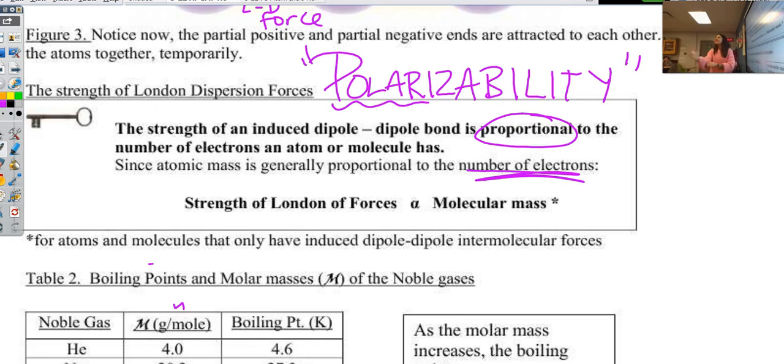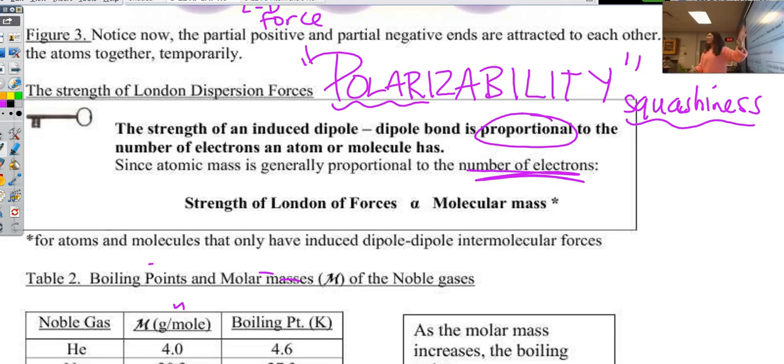So what happens is, the more electrons that you get, the more movement of the electrons, right? And it basically creates this squashiness, is the way that I refer to it. So we're going to say it's the squashiness of the molecule, how squishy it is, okay? And so the more electrons that you can get, the more attractions you can have.